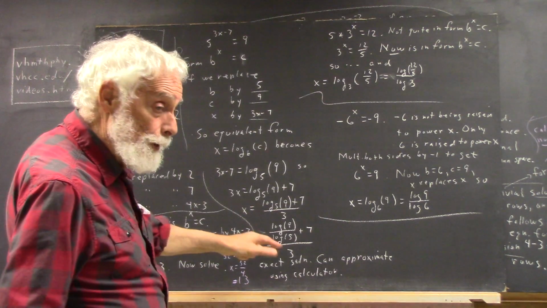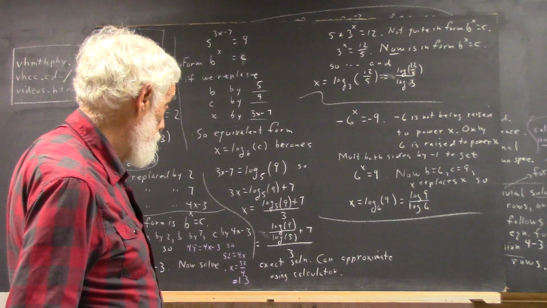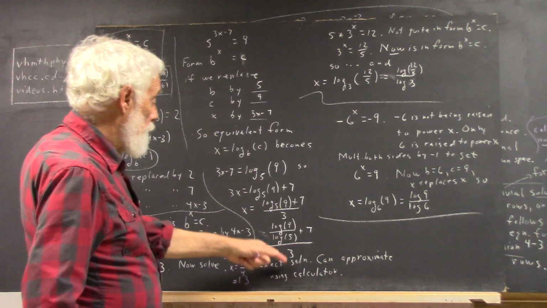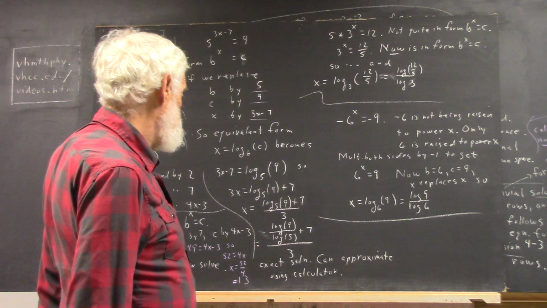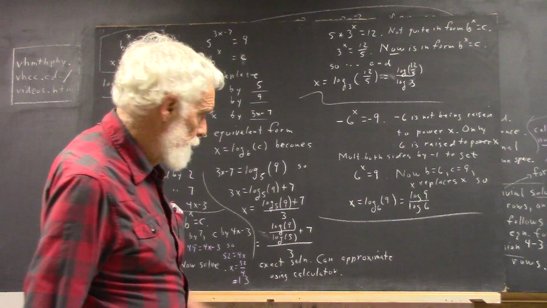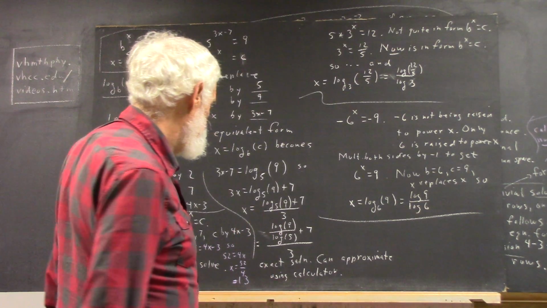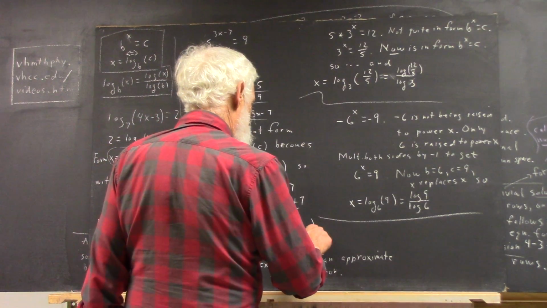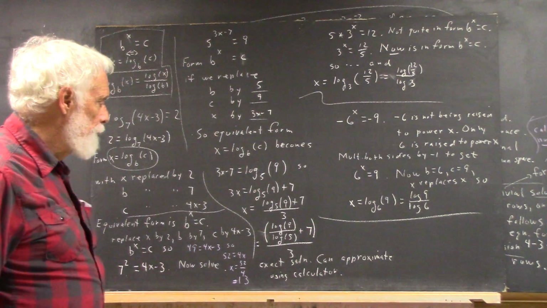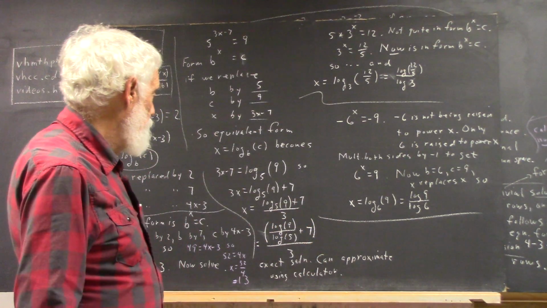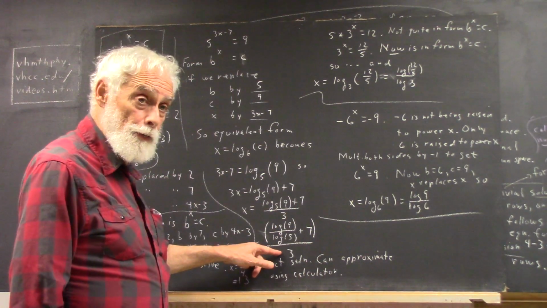And we can approximate this solution using the calculator. This is actually a complex fraction, but there really isn't much point in expressing this as a simple fraction. We make sure that we have parentheses around our numerator so that we don't accidentally fail to divide some of our numerator by 3.